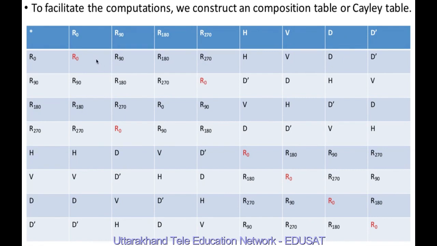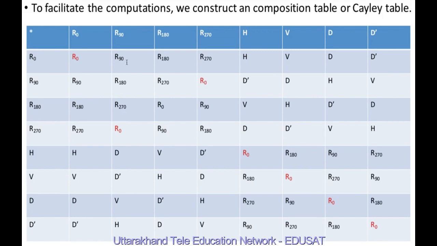One more thing, this table is not symmetrical about the main diagonal. Although in the first row, the elements towards the right are R90, R180, R270, H, V, D and D dash. Below it are R90, R180, R270, H, V, D and D dash.